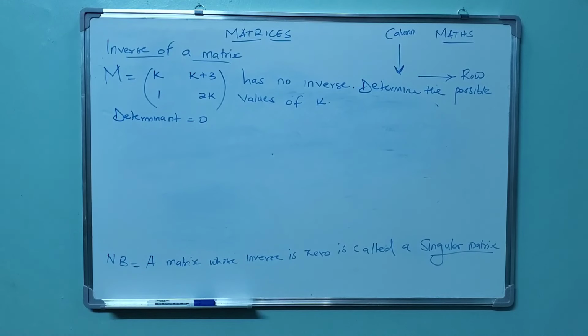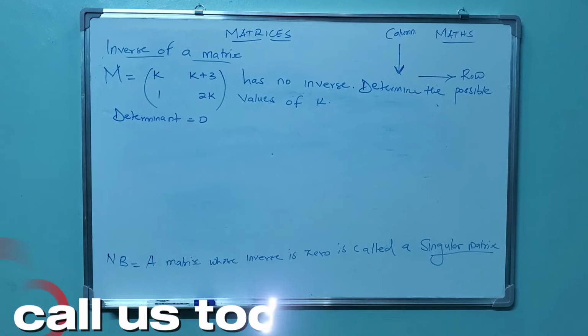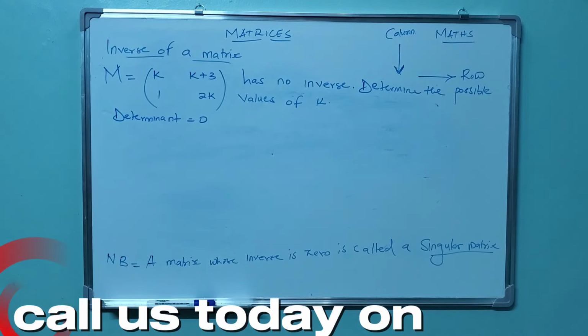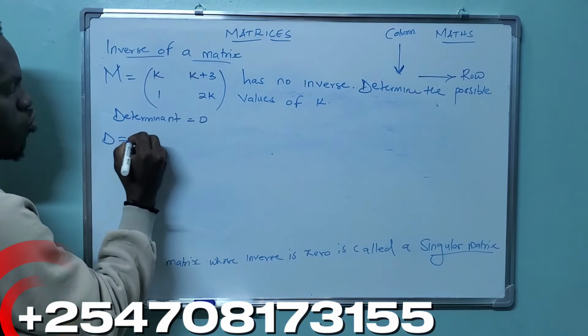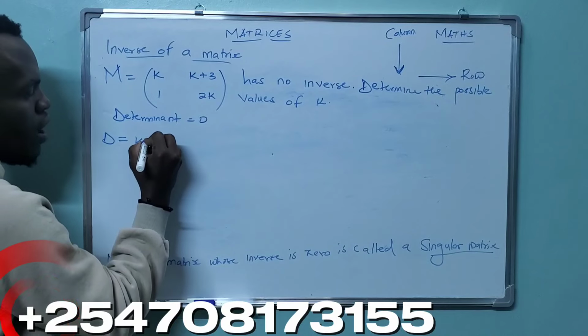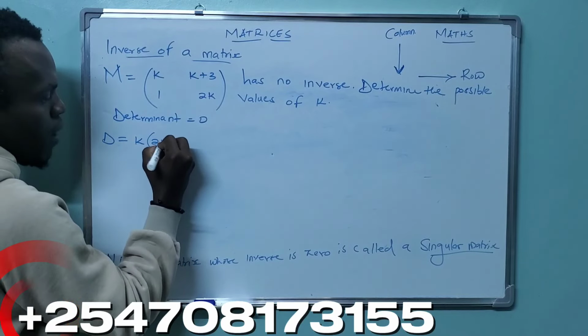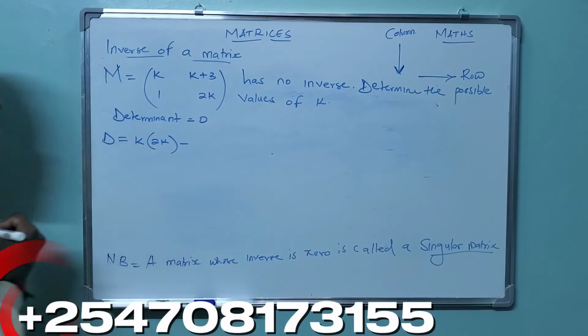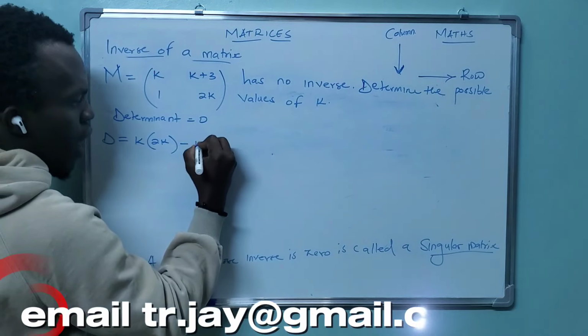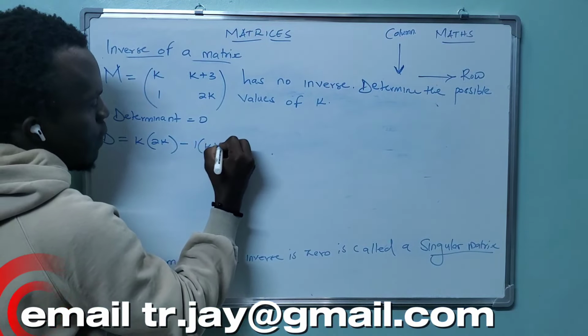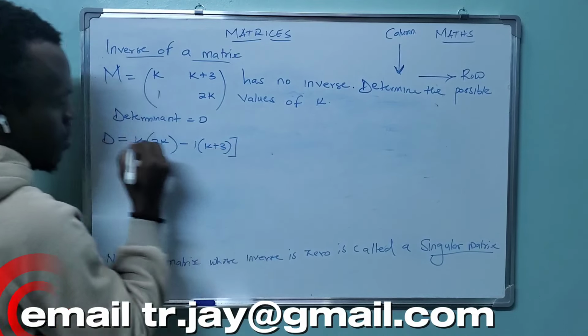So let us get the determinant of that matrix. Remember we said that the determinant of a matrix, we get it by getting the difference of the product of the lead matrix and the end matrix. In my case here, determinant is going to be the lead matrix, which is K multiplied by 2K, then subtract the end matrix, which is 1 multiplied by K plus 3.